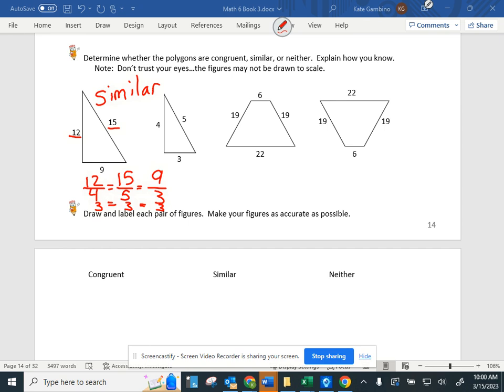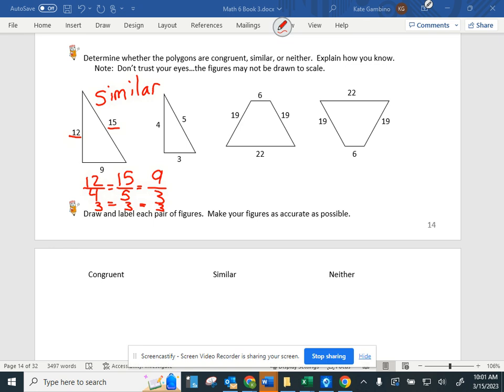Let's look at our next set. Are those two polygons congruent, similar, or neither? How do you know it's congruent, JT? It's the same shape and the same measurements, but it's just flipped. Yeah, it's the same shape and the exact same measurements. It's just flipped.